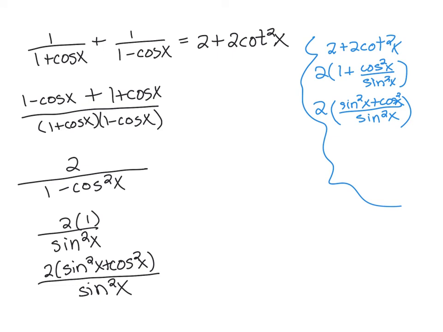Now what am I going to do? Well, let's look at what I did up here. This came from this, so if I take this, I'm going backwards now, and make two fractions. So sine over this and cosine over this. So I'm running out of room. I'm going to come up here and continue. 2's on the outside.